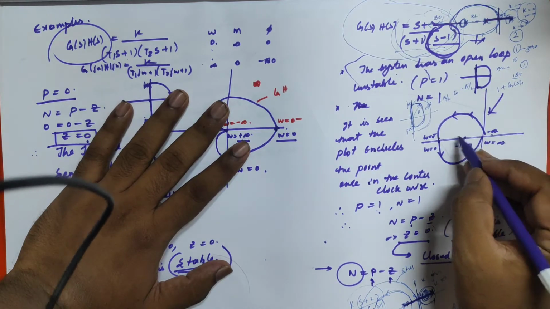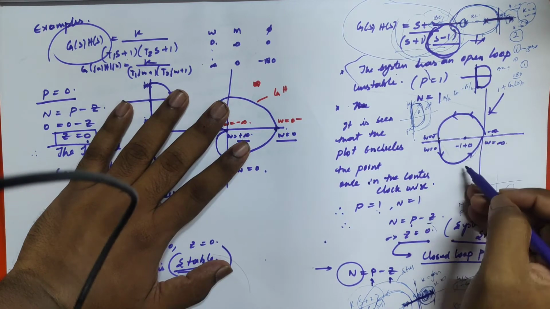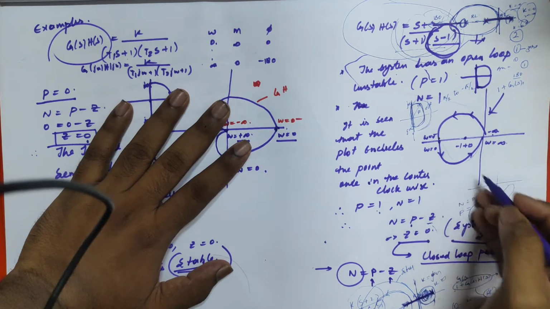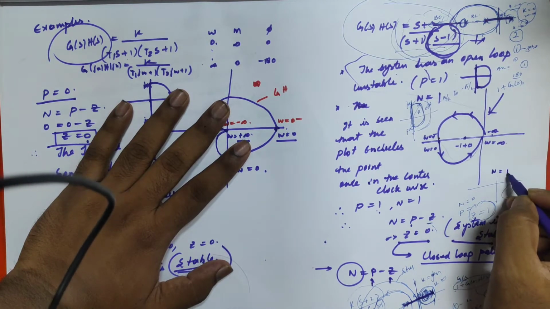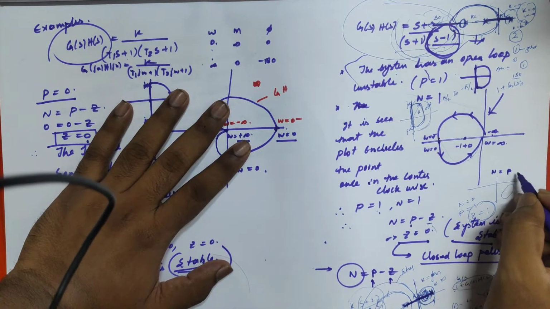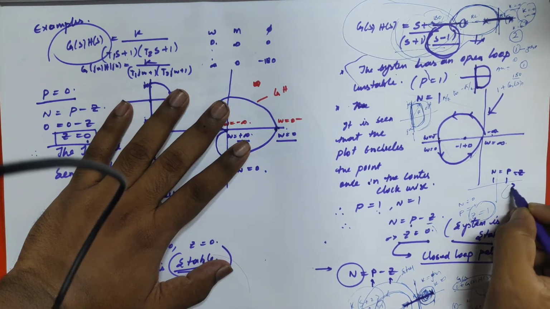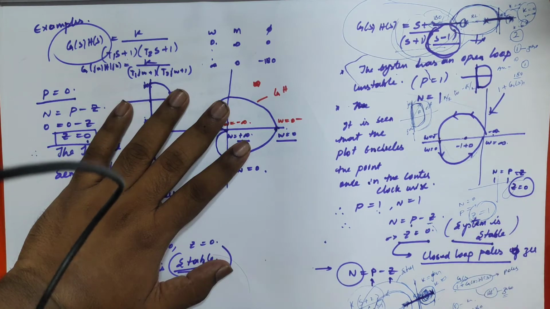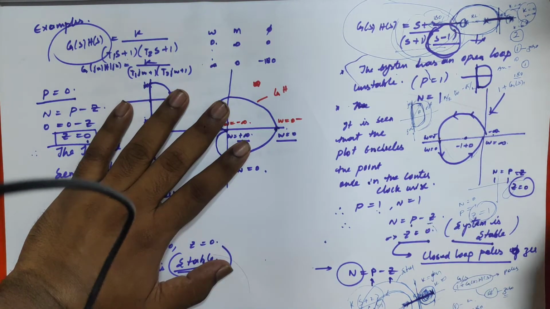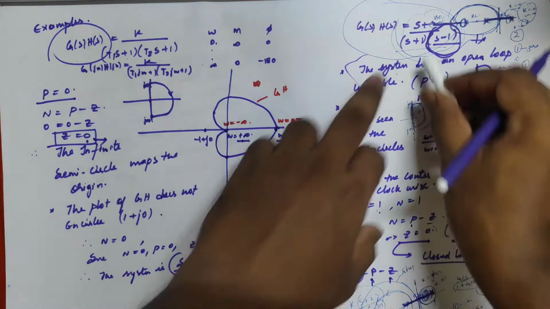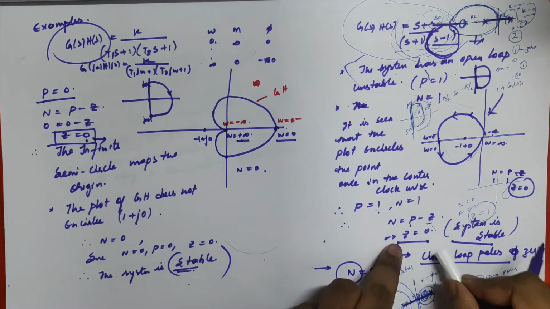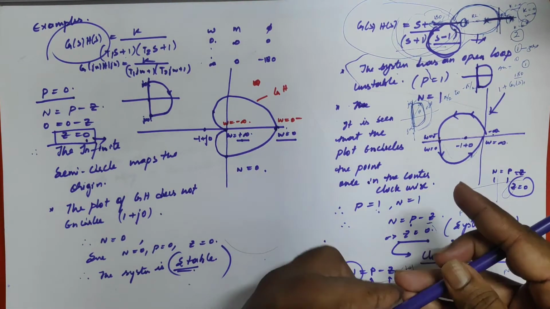In this we have an encirclement of 1 in the anticlockwise direction, and we confirm that N equals P. Here N is 1 and P is 1, and Z is equal to 0. Z equal to 0 means there are no right half zeros of the roots of 1 plus G of s H of s, that is, the system is stable.